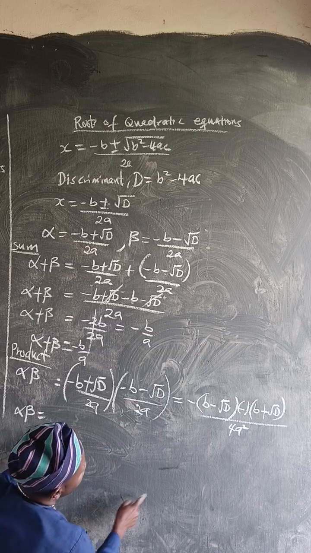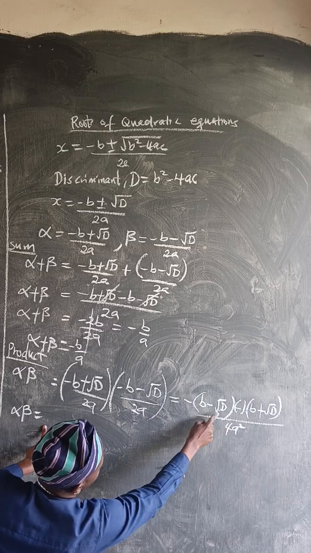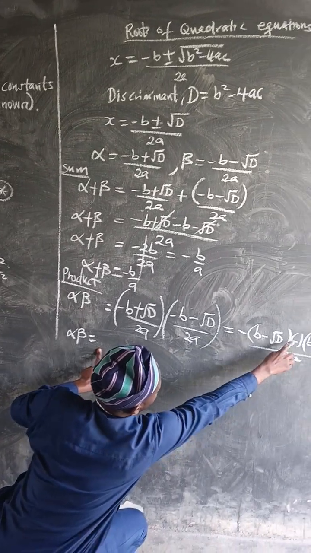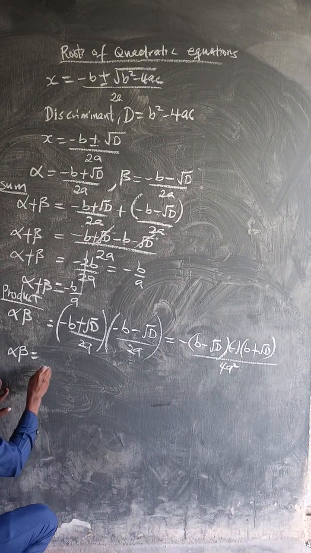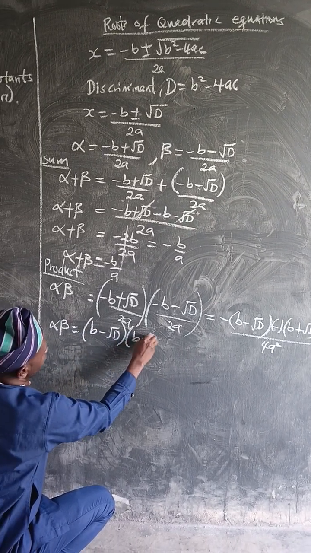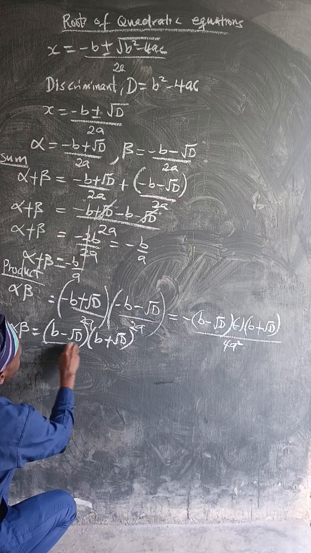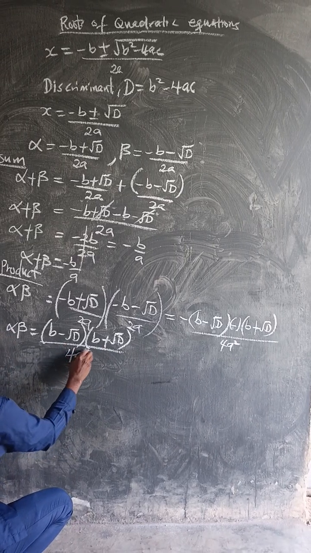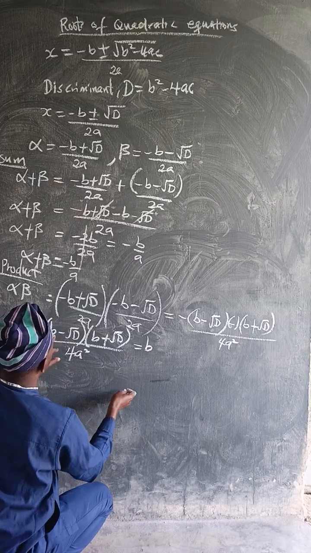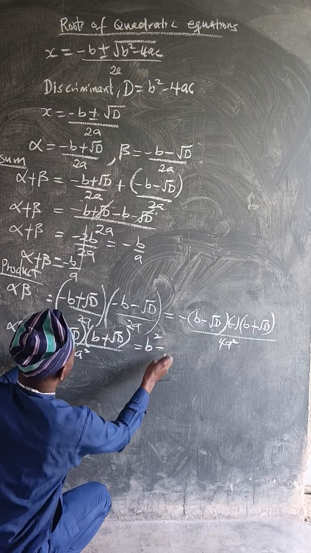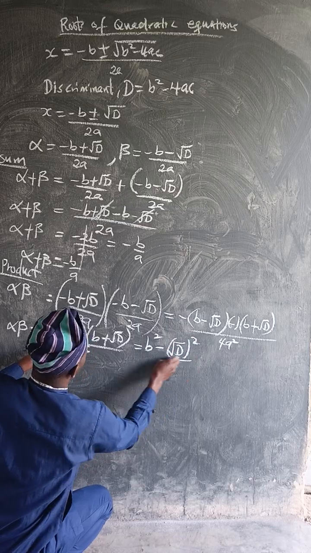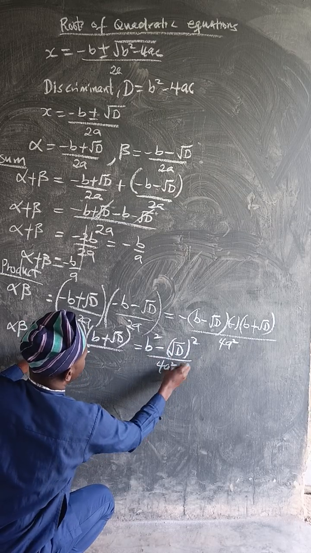Now we are going to apply the difference of two squares. That is, we have b minus root D, then b plus root D. Minus by minus changes to plus. Therefore we have b minus root D multiplied by b plus root D. When we apply the difference of two squares, we take the first term, b raised to power 2, minus the second term, root D raised to power 2, divided by 4a squared.